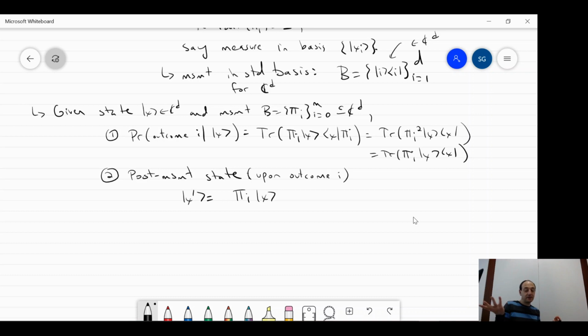And the problem is that pi I times psi, if I'm pushing you down into some low-dimensional space, I'm cutting off part of this vector, essentially. This thing is not normalized anymore, so I have to renormalize it in order to make it a unit vector. Otherwise, it's not a valid quantum state. So I just divide through by its norm. And if you just expand out the definition, you'll see that this is just this thing here.